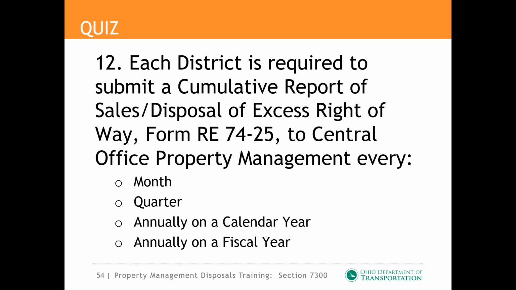Number 12, each district is required to submit a cumulative report of sales and disposals of excess right-of-way form RE 7425 to central office property management every. Well, we have a couple of people that chose D. One person chose quarter.